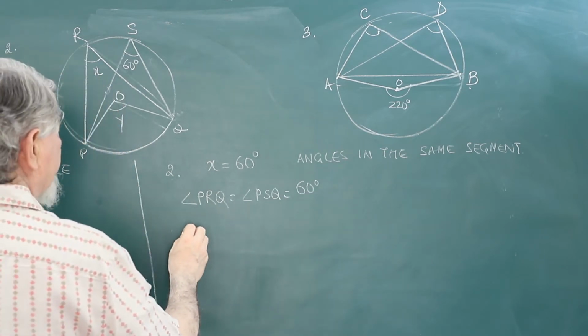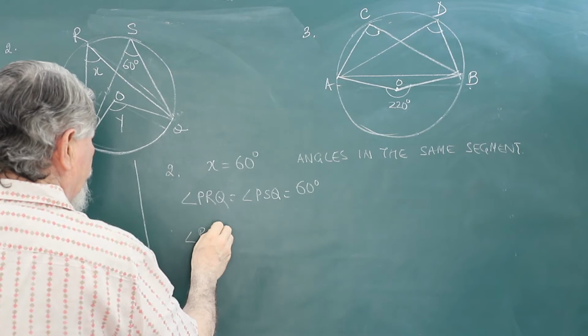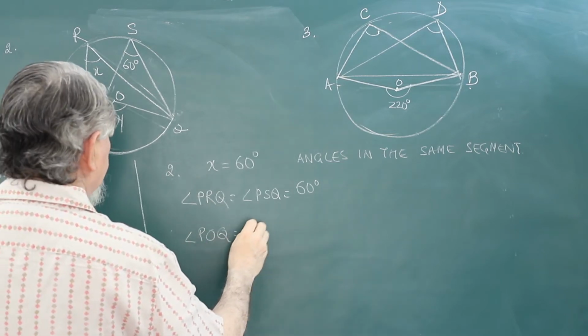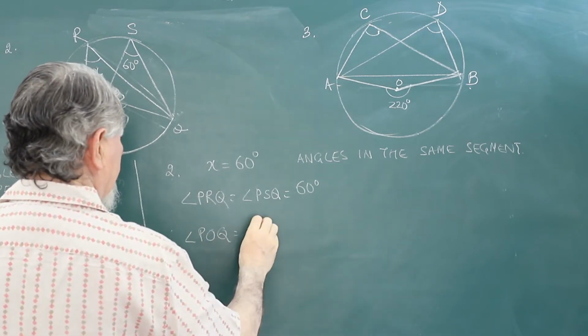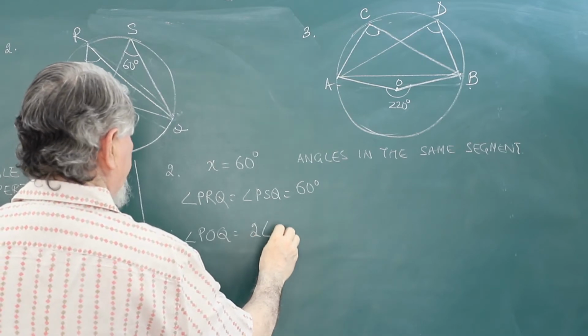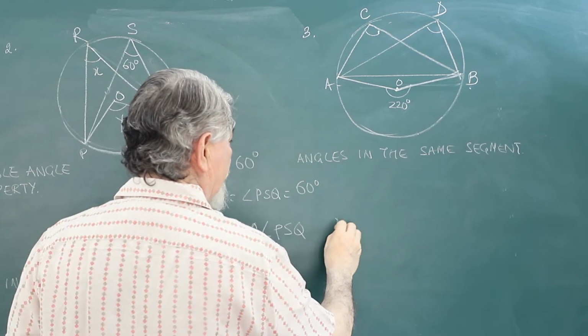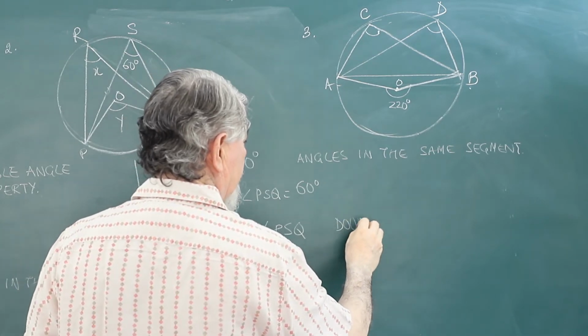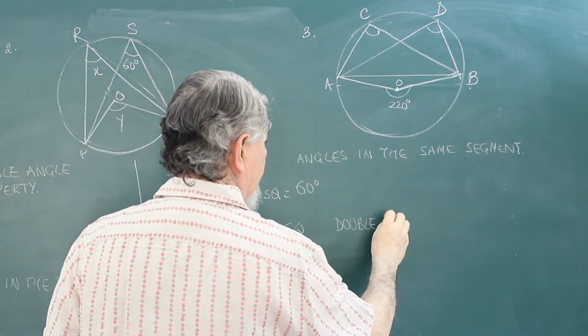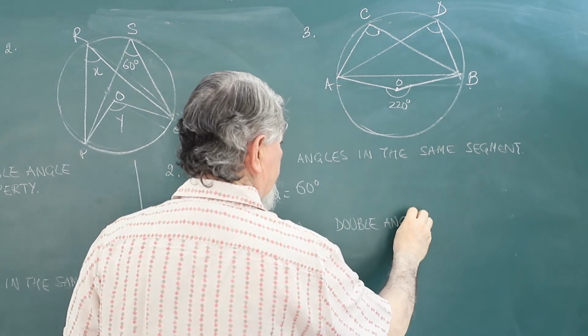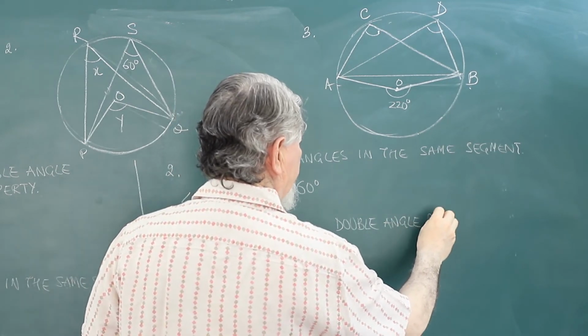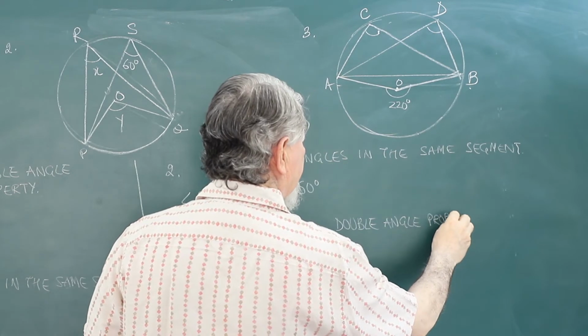And the next property is that angle POQ will be double of angle PSQ. It's the double angle property. What is the double angle property?